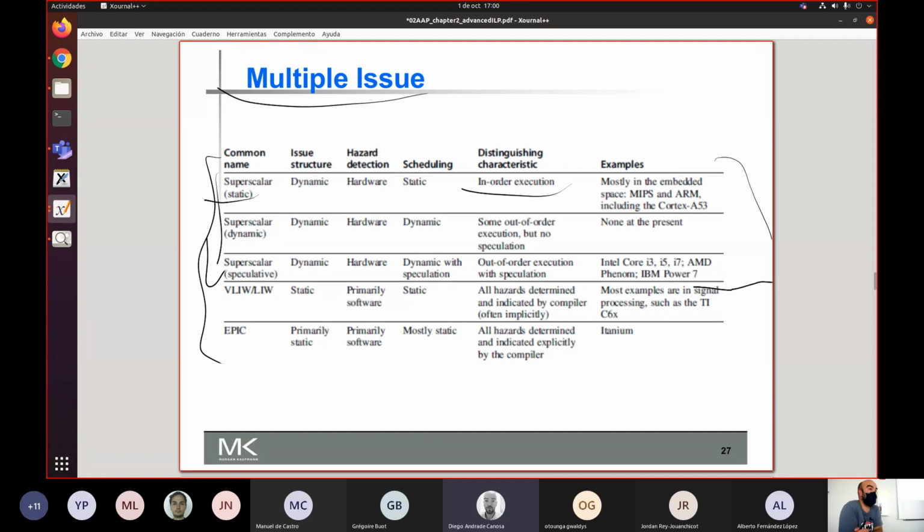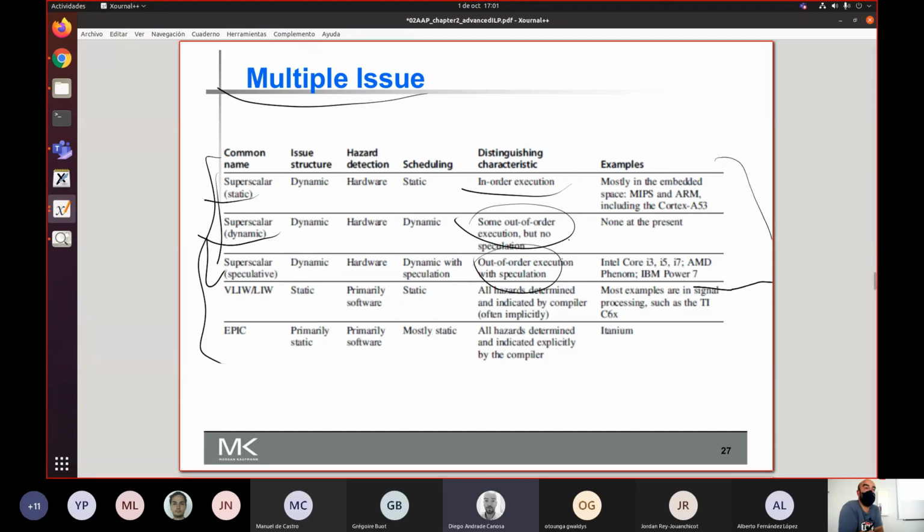And this is going to involve out of order execution. Another level of complexity is introduced when speculation comes into play, because this requires more hardware, more checking, but also creates more opportunities for the processor to improve the performance.